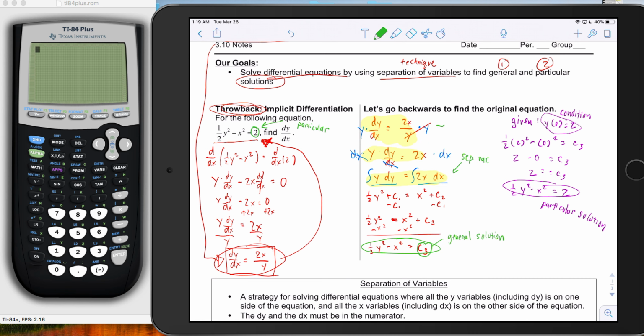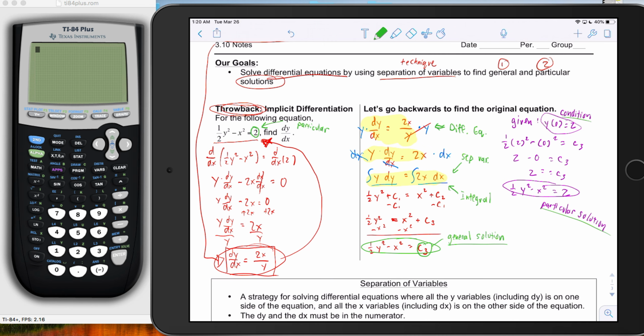And this was the original differential equation. The next step we did is we then took the integral to help us find the general solution. And if you're given a condition, you can find the particular solution.